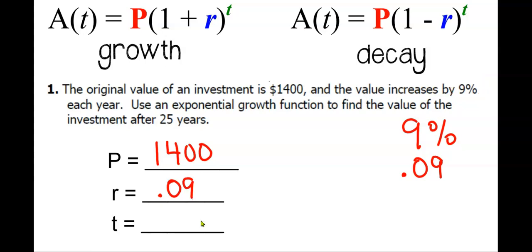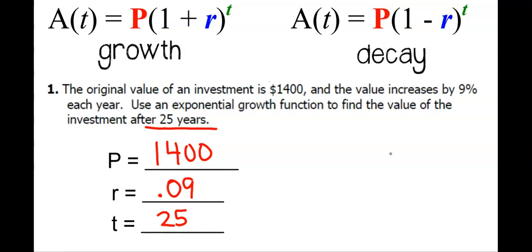As we continue to read, we can see that the investment grows for 25 years, so that will be our T value. So now that we have all of our values, we have to choose either a growth or decay formula.